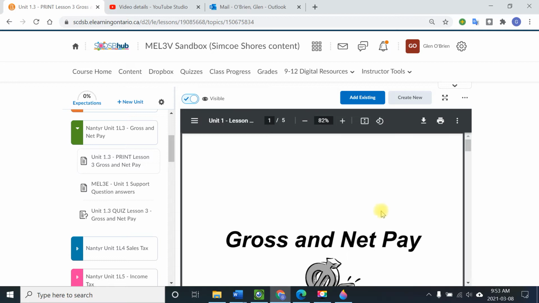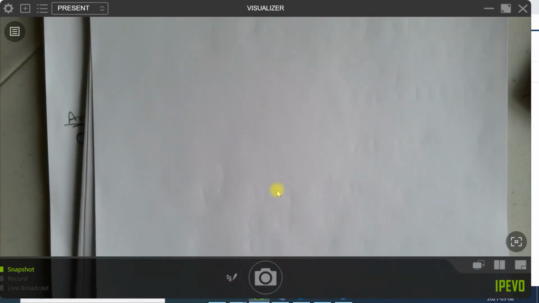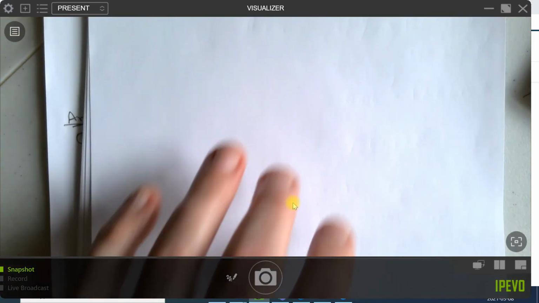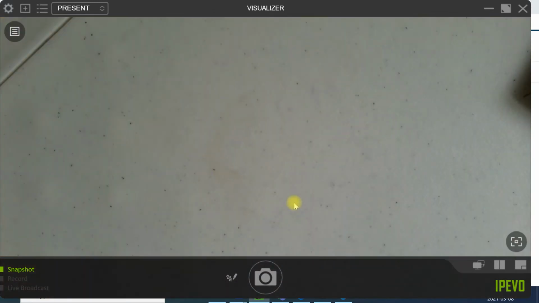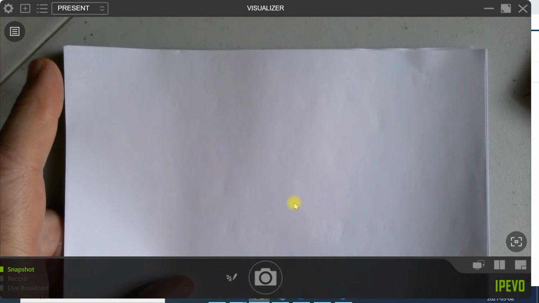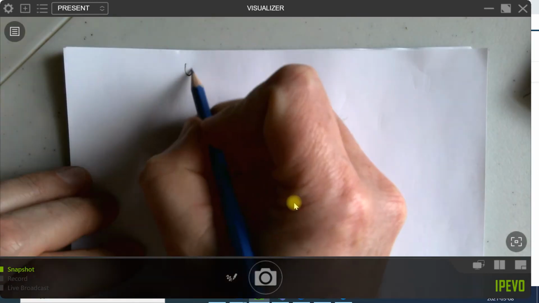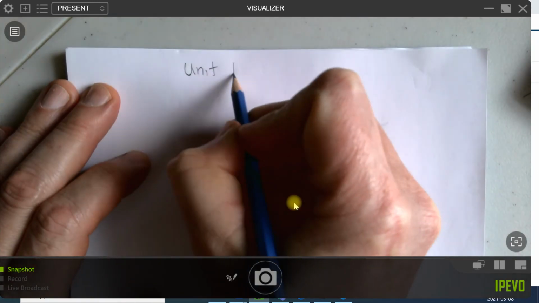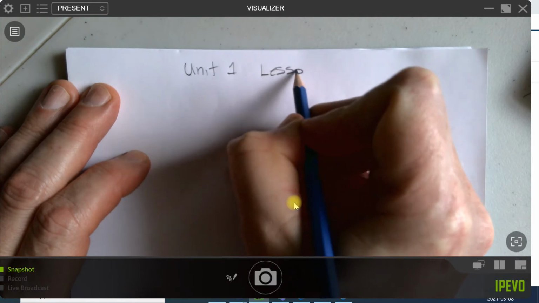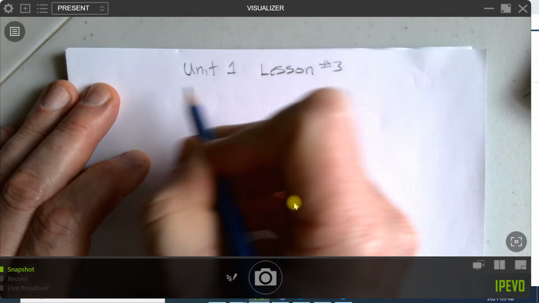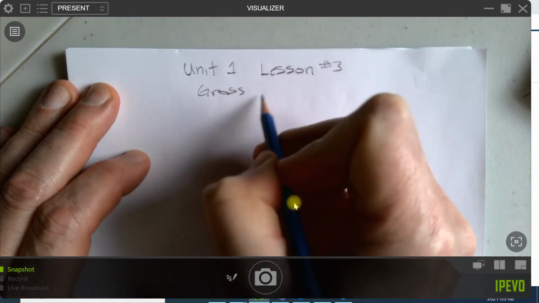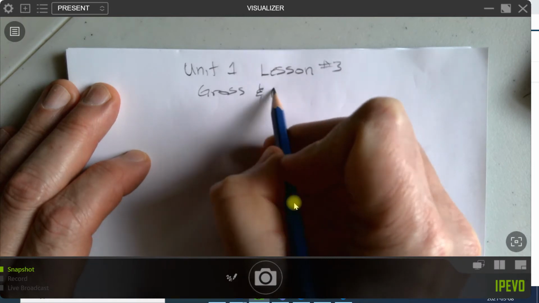All right, so let's get started here. We are going to switch over to our camera here. And of course we always want to put at the top our work here. So we're still in Unit 1, and we're at lesson number 3, and that's gross and net income.